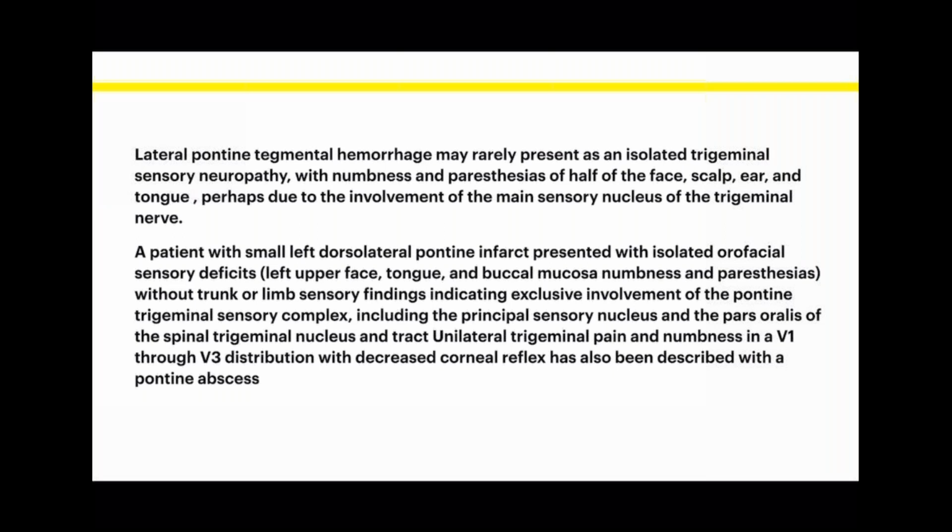It's a very small hemorrhage, only in this area, and it can affect only the sensation. An example also is a small infarct, like a left dorsolateral pontine infarct, also presenting as an orofacial sensory deficit. So it is possible, and isolated numbness can also present from a small hemorrhage or a small infarction.